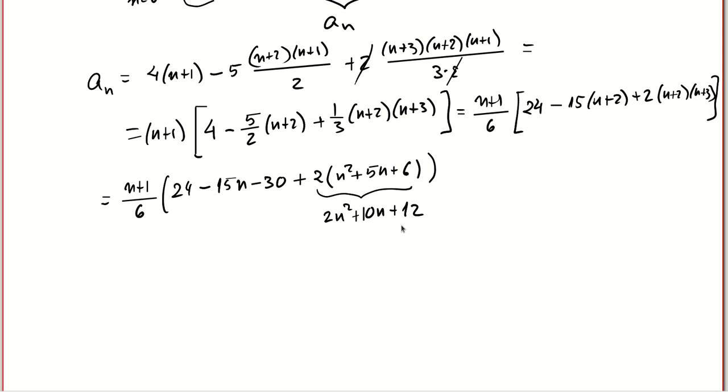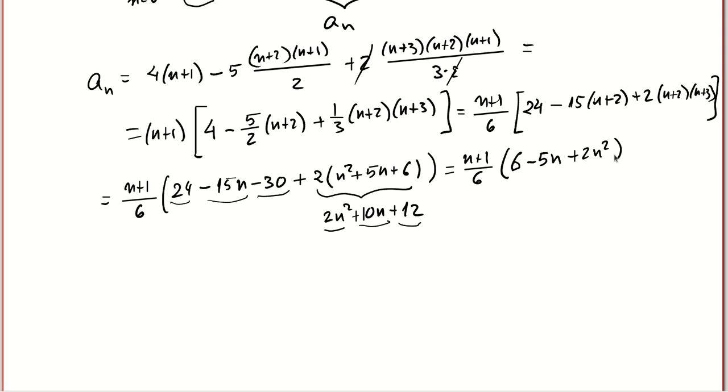All right? And now we need to simplify this. We have here 24 plus 12 is 36, minus 30 is 6. So we have 6 here, right? Then we have minus 15n plus 10n, that's minus 5n, okay? And finally, I have 2n squared here, so plus 2n squared.